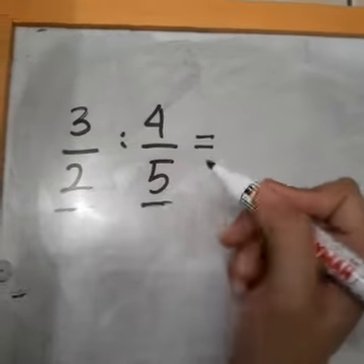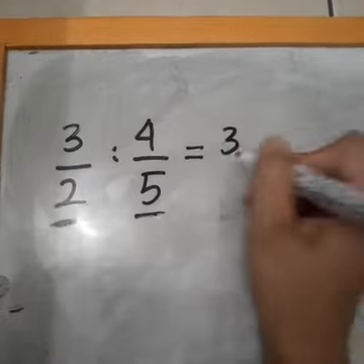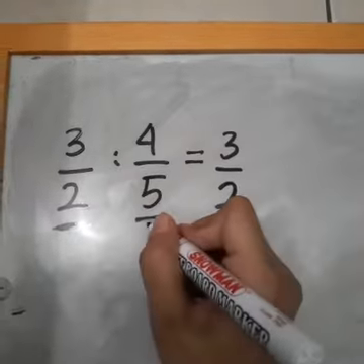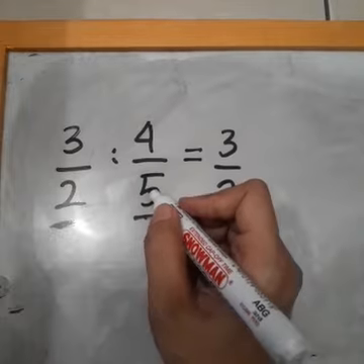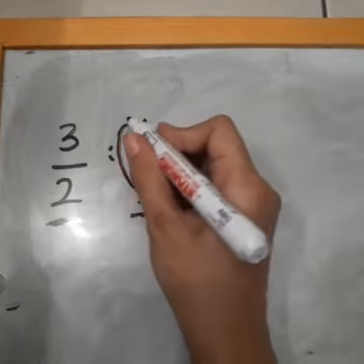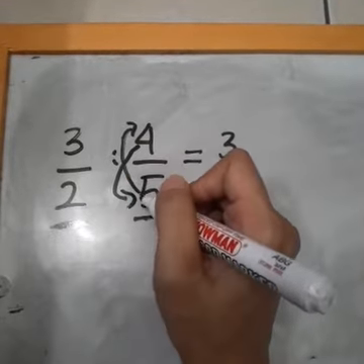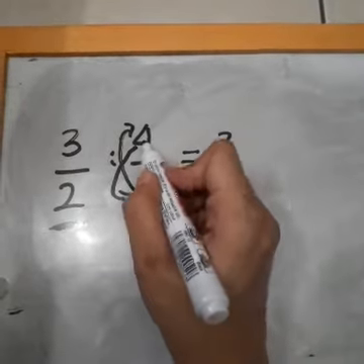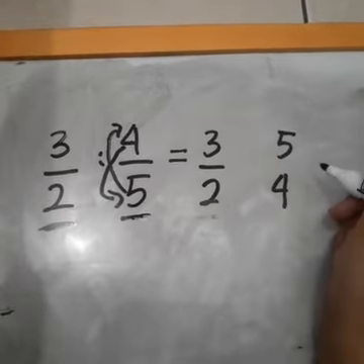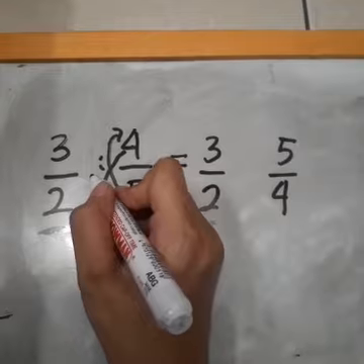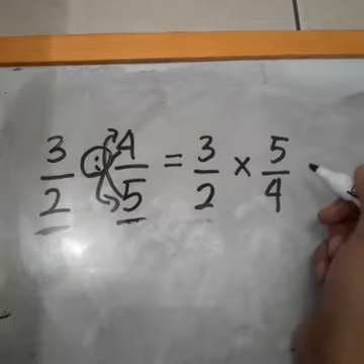To solve dividing fractions, we keep the first fraction the same, 3/2, and for the second fraction, we switch the position of the denominator to be the numerator and the numerator to be the denominator. So 4/5 we change into 5/4. The division sign we change into the multiplication sign.